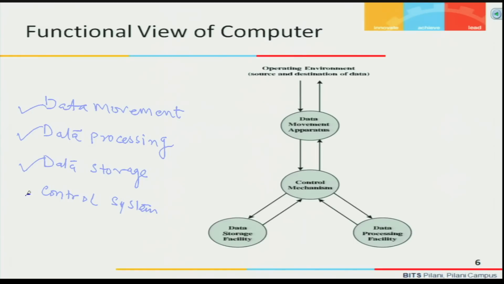And finally, the control system, as I said, is required to control the overall operation. It generates the appropriate signals to each component to perform their task.